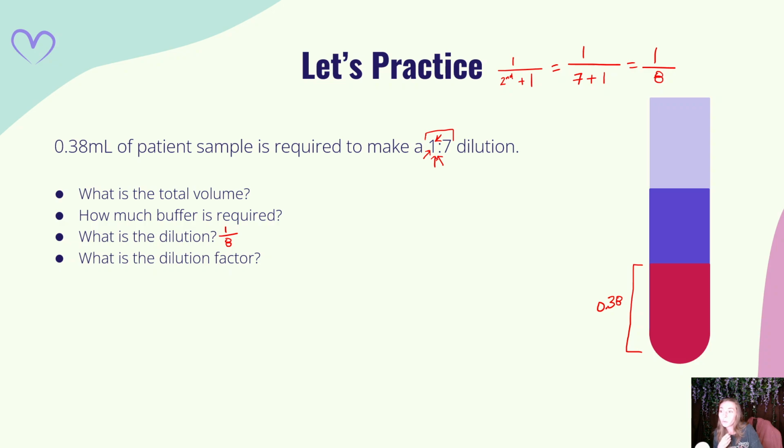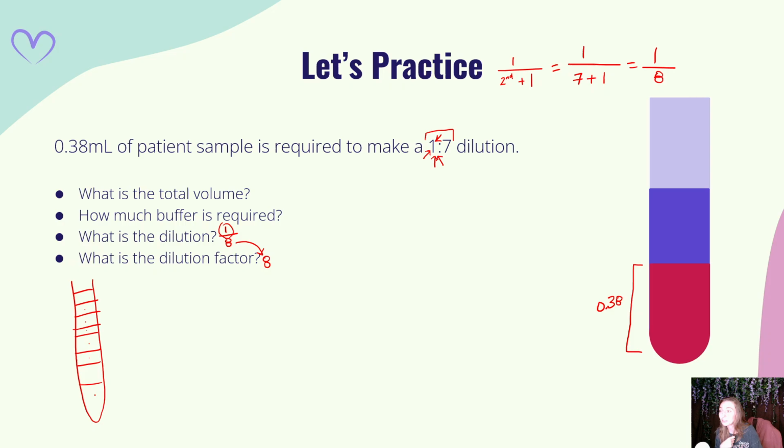Again, we can just grab our dilution factor from this because this is 1, right? Which means that our dilution factor is just our denominator, so it's just an 8, okay? So we know now that in our tube, we have 8 total parts. 1, 2, 3, 4, 5, 6, 7, 8.